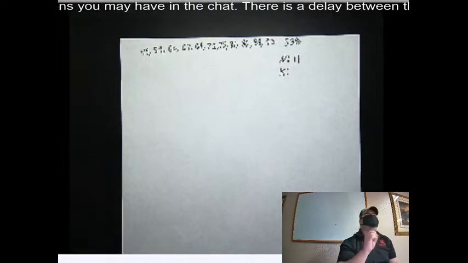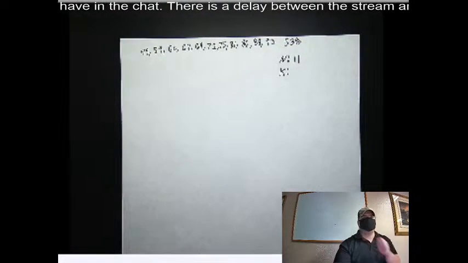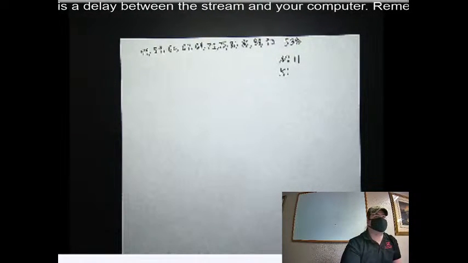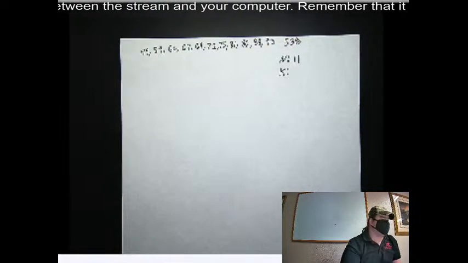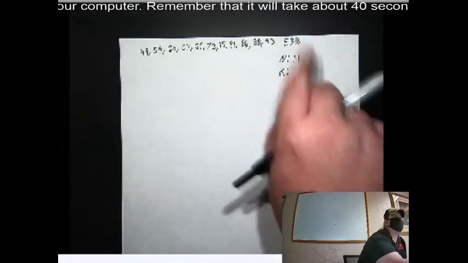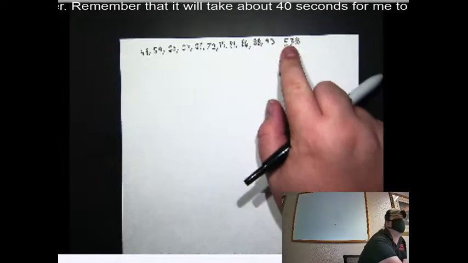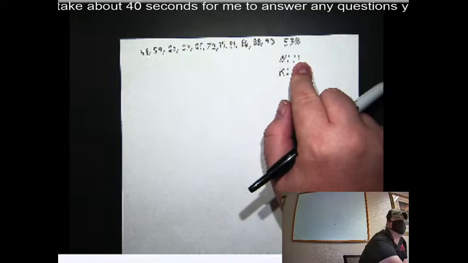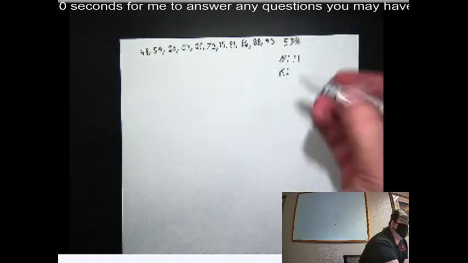That's really important. It has to be as a decimal. Essentially what we're saying here is that 53% is out of 100. But we don't have 100 data points, we have 11. So we want to equate this percent, instead of being out of 100, to be out of 11. Does that make sense? Okay.